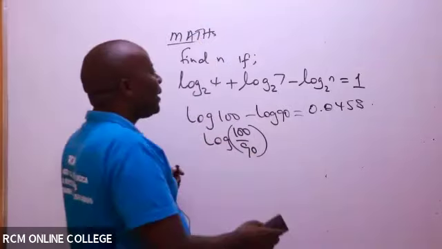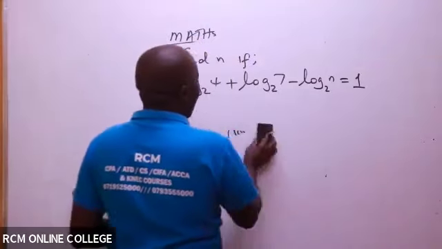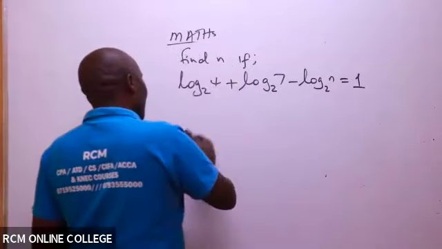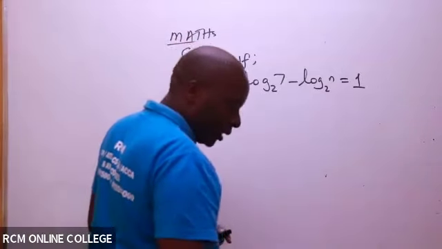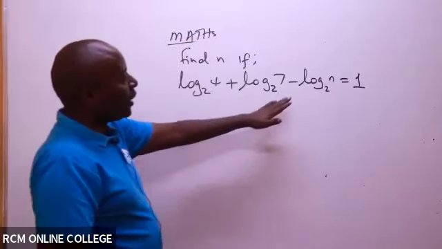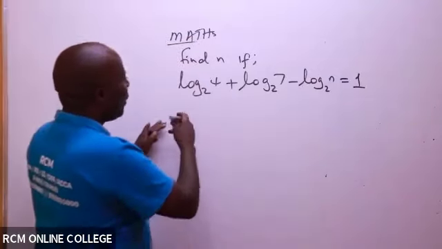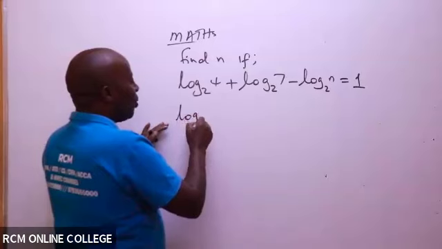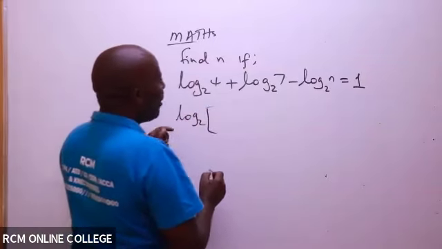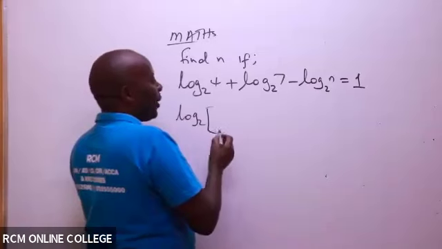So if that is the case, please listen to me very well. For me to be able to get this very well, I will simply come and factor log 2 out. When I factor log 2 out, what am I going to have, my friends, here?